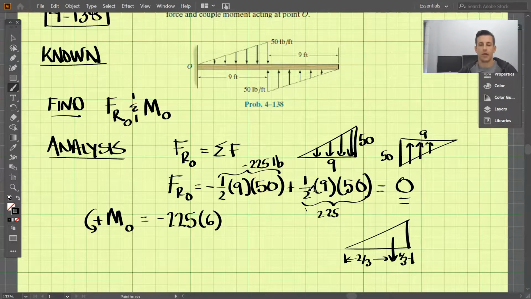And for the other triangle, the load is upwards here, so it's going to create a positive moment. So adding 225 here. And the distance that it's acting away is 9 feet plus 1/3 of this base over here.